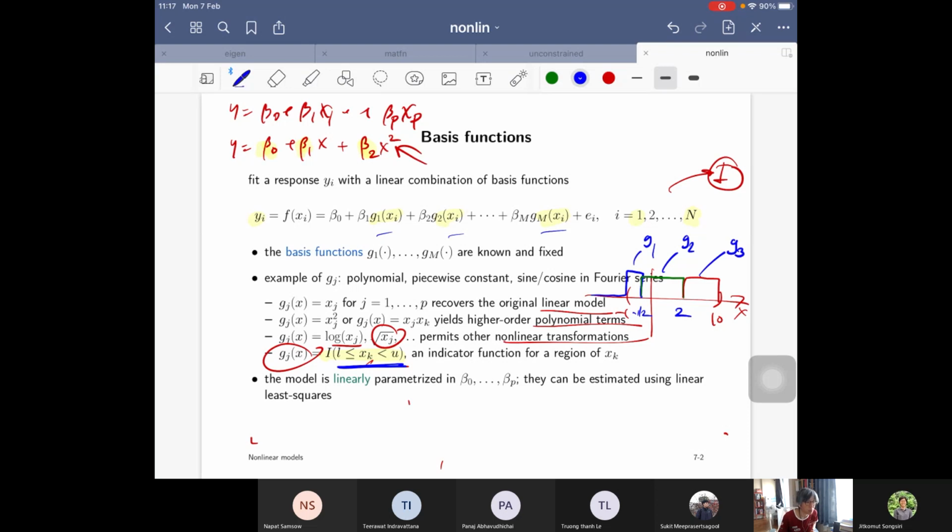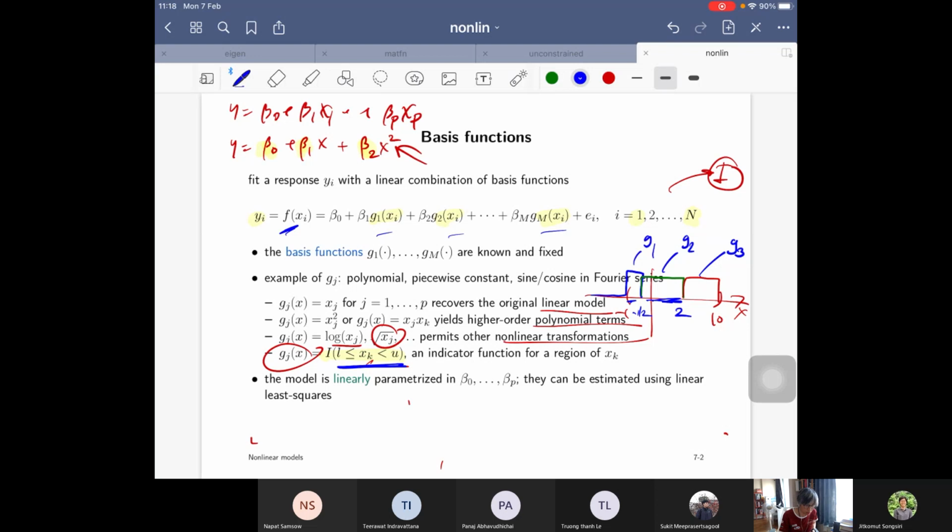With this example, it means that I decompose function y into a piecewise constant function. It is named piecewise because it's a constant within some subintervals of x.